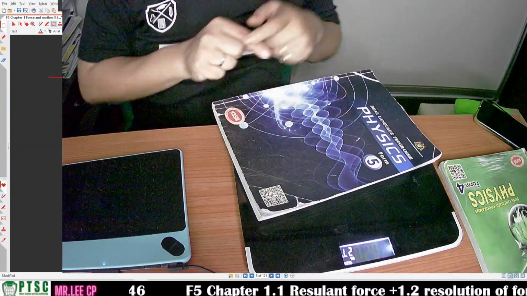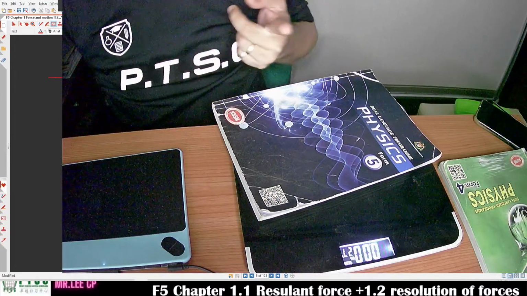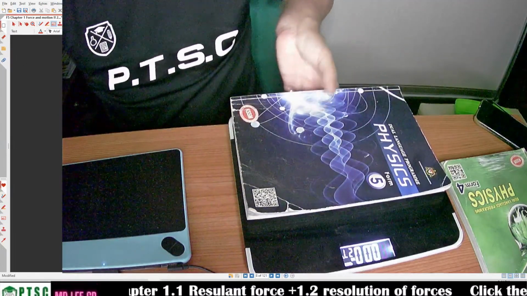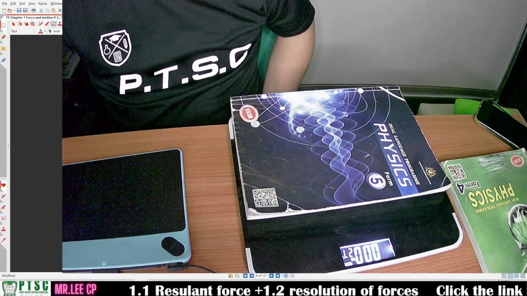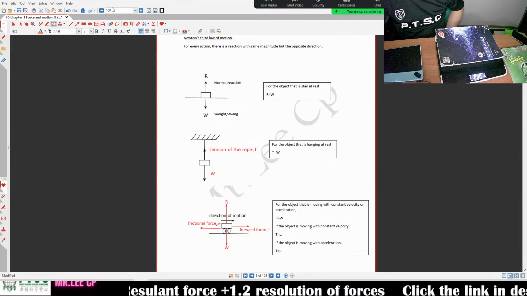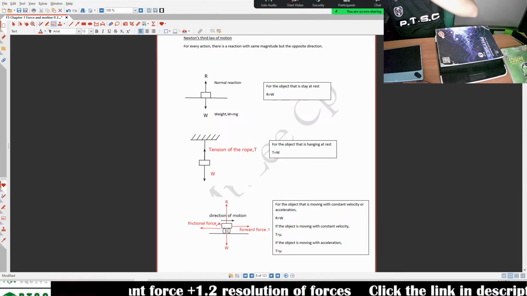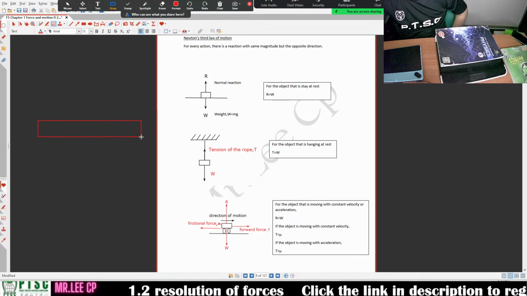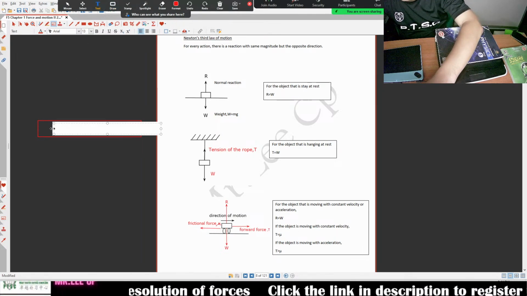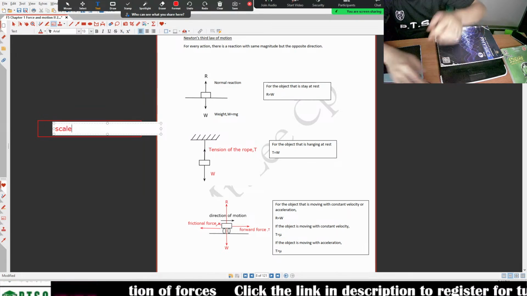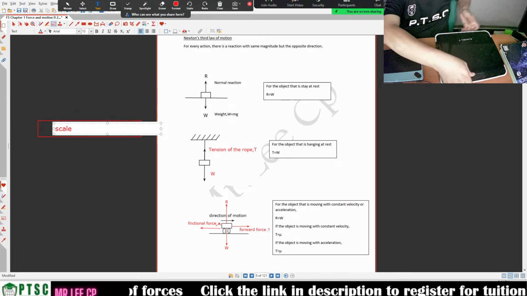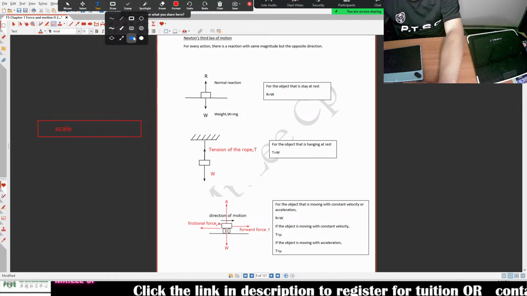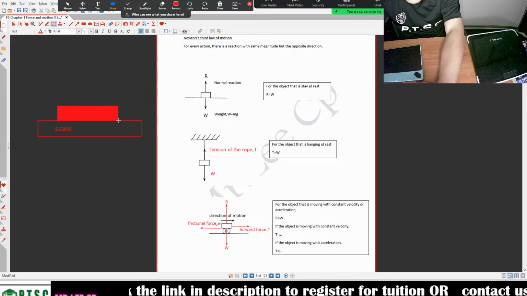my normal reaction. If you understand this one, I'm going to show you this. This is the scale. This is my object, my physics book.